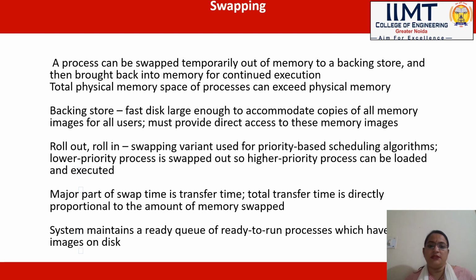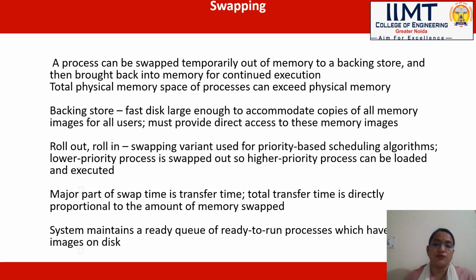So now I will discuss swapping. What is swapping? Swapping is the process by which a process is loaded and unloaded from main memory to secondary memory and from secondary memory to main memory.